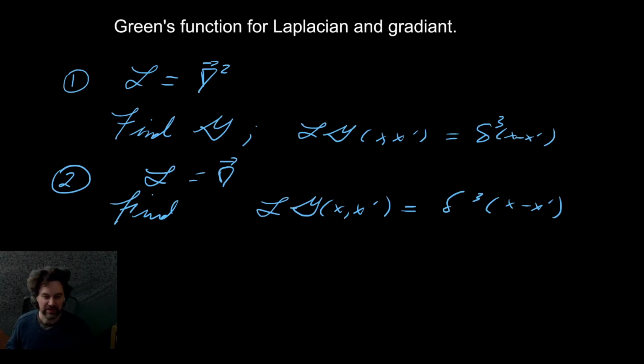Similarly, given a differential operator that is just the gradient, we want to find a different function, g of x, x prime, for which grad of g of x, x prime is the three-dimensional delta function. This is because the delta function is a scalar operator and the gradient is a vector operator.